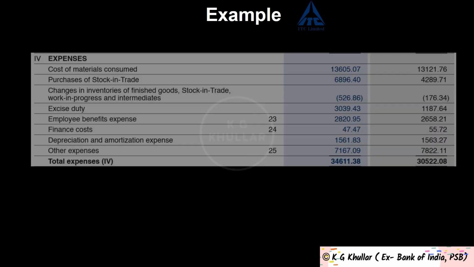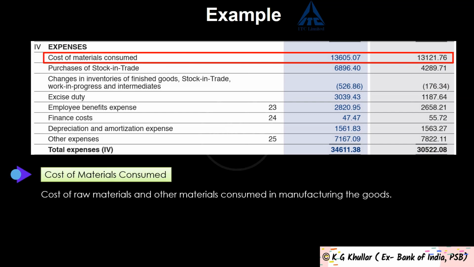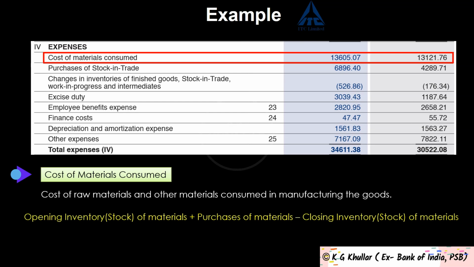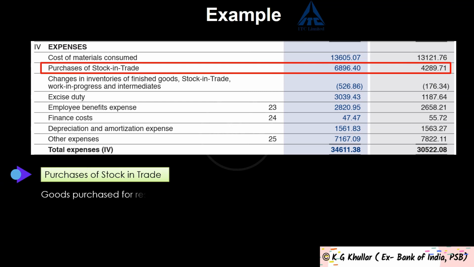Then next we have expenses heads and under this first we have cost of material consumed. Now friends, this head basically means cost of raw materials and other materials consumed in manufacturing of the goods. Now this is primarily opening inventory, that is stock of materials, plus purchases of materials minus closing inventory or stock of materials. Then next we have purchases of stock in trade. Now friends, this basically means goods purchased for reselling purposes.